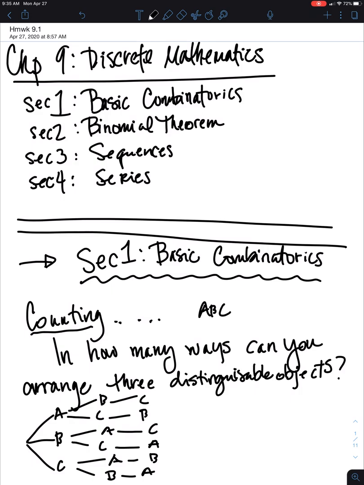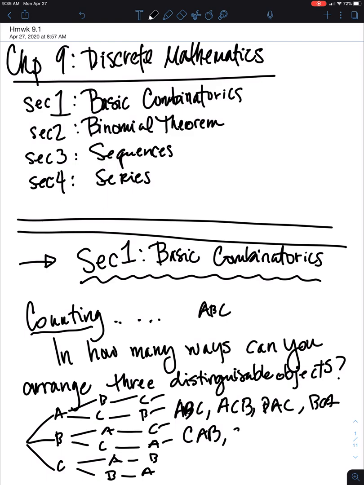You could go, I'm going to do A, B, C. That's the first one there. I'm going to do A, C, B. B, A, C. B, C, A. I'm going in order of these. C, A, B. And C, B, A. And there's 6.